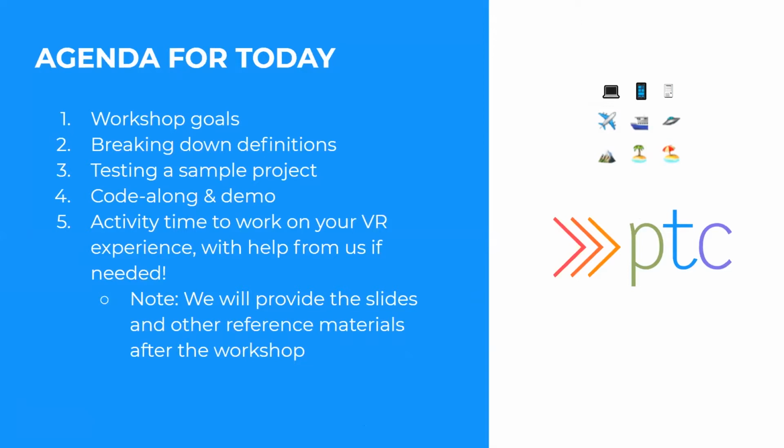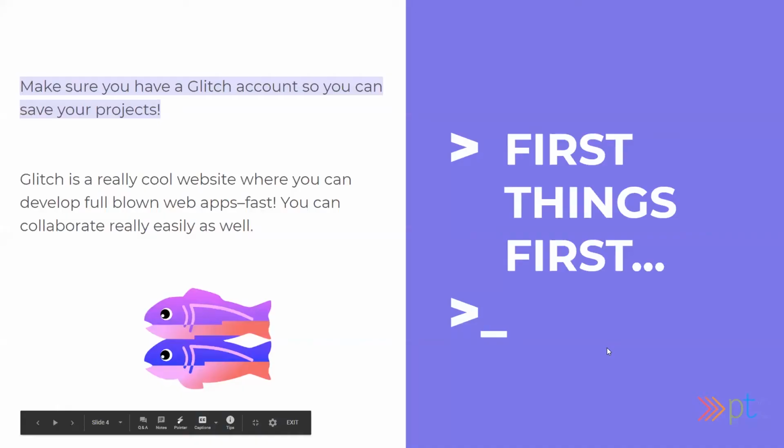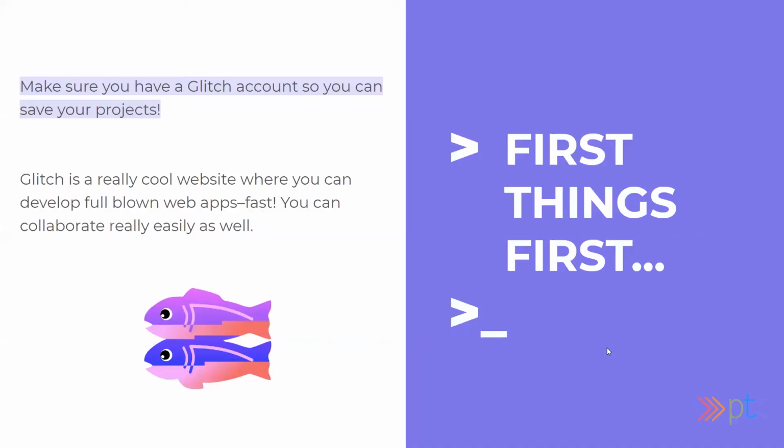And then finally, we're going to give you guys some time to do activities to work on your VR experience with help from us if needed. So we will be providing the slides and other reference materials after the workshop if you guys fill out a feedback form for us.